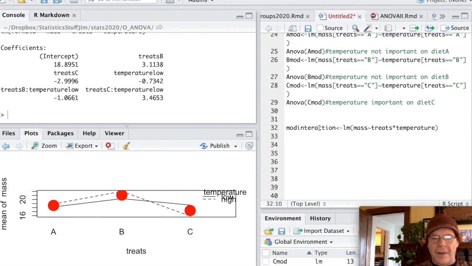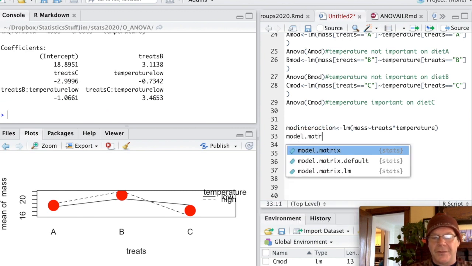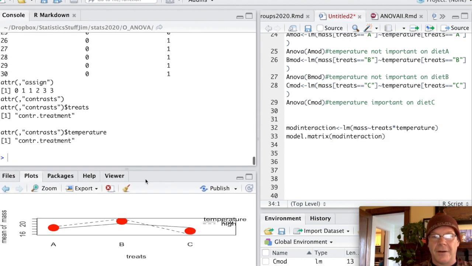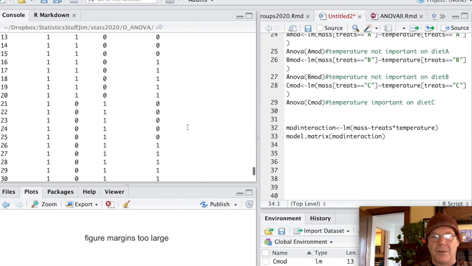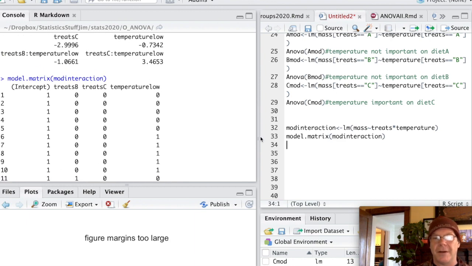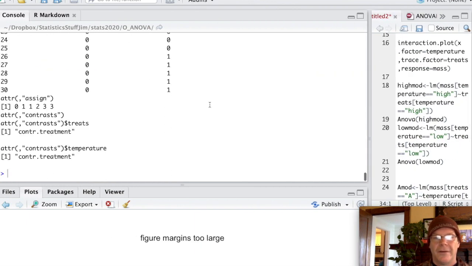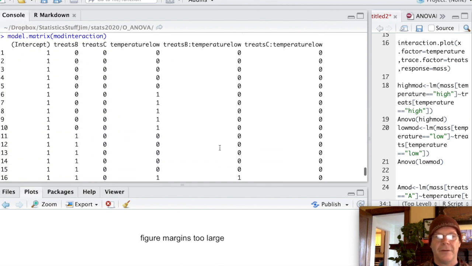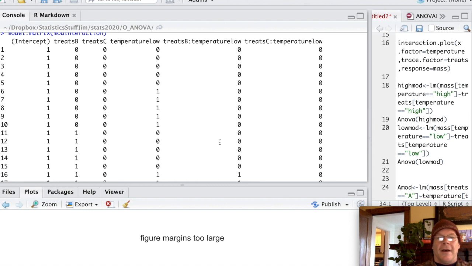If I were to look at my model matrix, let's remember that behind the scenes, everything is dummy coded and everything ends up being just a big old regression. So here's our dummy coding. I'll even make this bigger so we can see it on one screen.